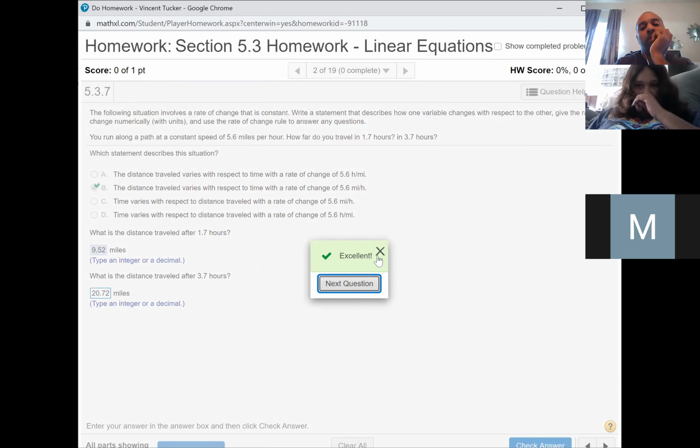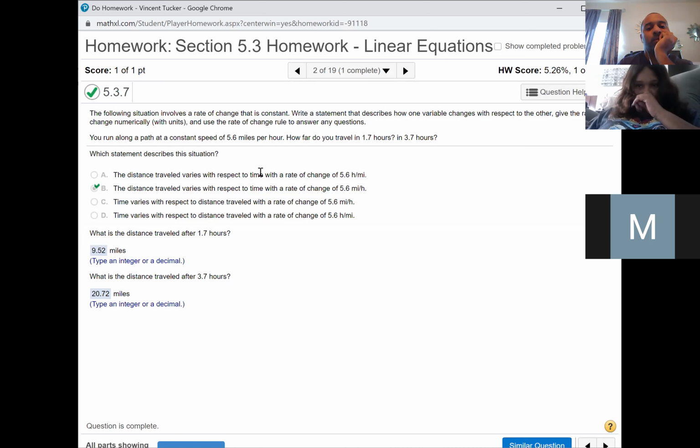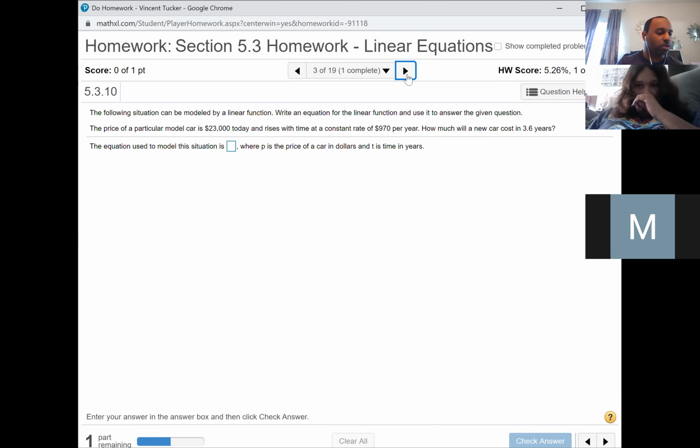All right. Questions on what we did there? We just took the 5.6 and multiplied it to each one of these, and that converts it to miles. Let's go to the next one.